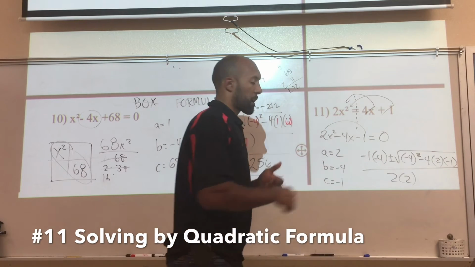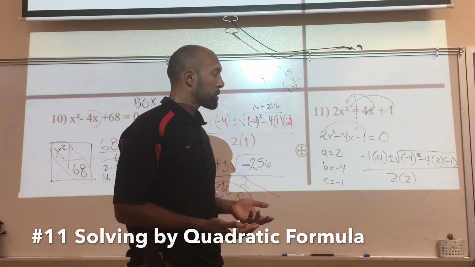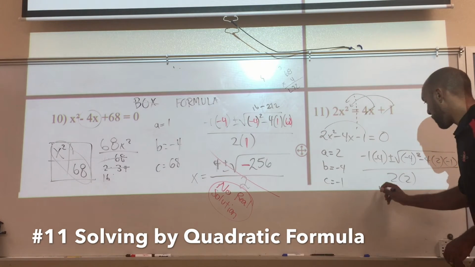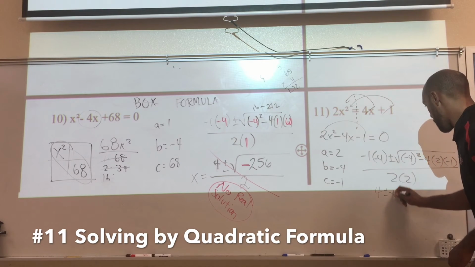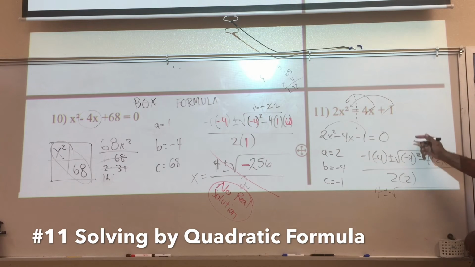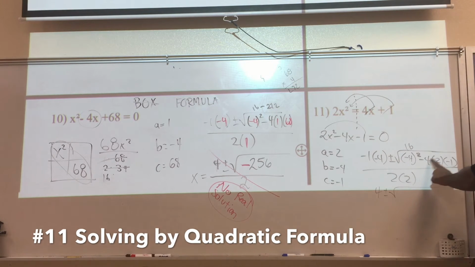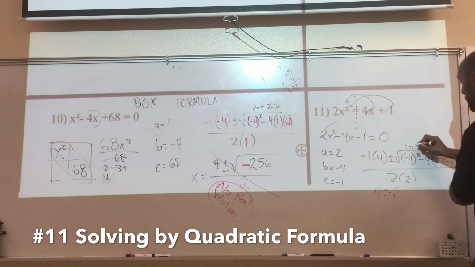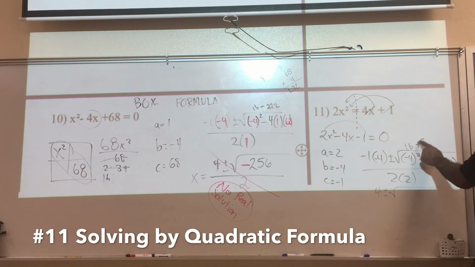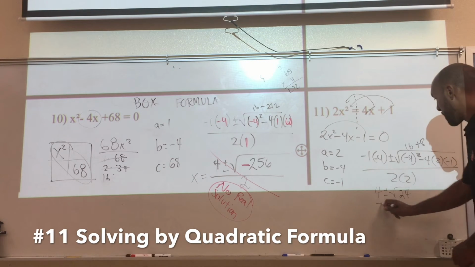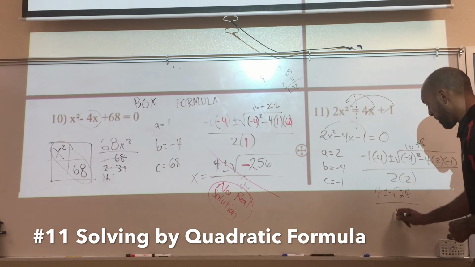Okay, punch it in the calculator, work out all the steps, it's your choice. Okay, so let's real quick, -1 times 4. Okay, -4 squared, that's -4 times -4, which is 16. Okay, -4 times 2, -8, times -1, +8. So this becomes +8. 16 plus 8, 24. Okay, then all of that over 2 times 2, which is 4.